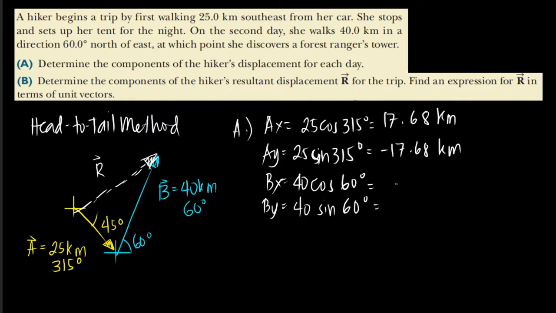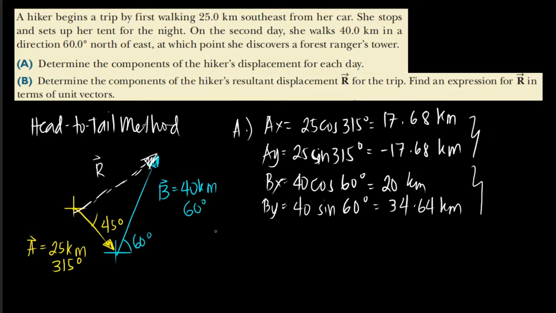That's 20, positive. 40 sine 60 is 34.64 kilometers, also positive. So we're correct so far. Okay? So for part A, that's it. These are all the components of the hiker's displacement for each day, the first day and the second day.